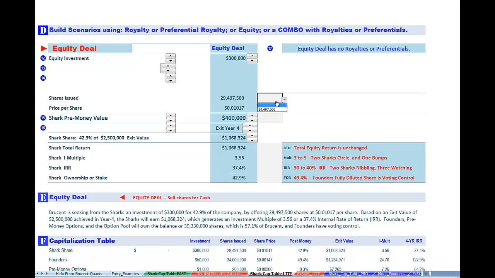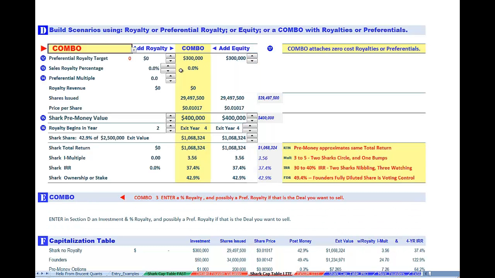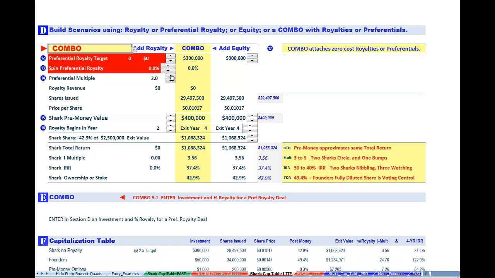What I want to do now is remember what we've done by marking them. Drop these things down in the light yellow gray, click on the number, and these will remain static so that we can do some further adjustments. We could do that by offering, through a combination deal, a royalty. And let's do a preferential royalty, which simply says let's give the guy 3 times whatever his target is. So we've just dialed in 3.